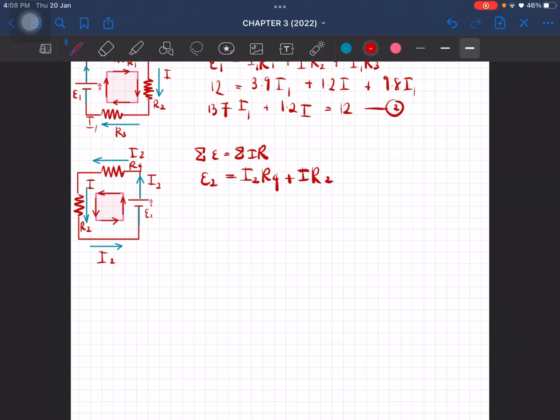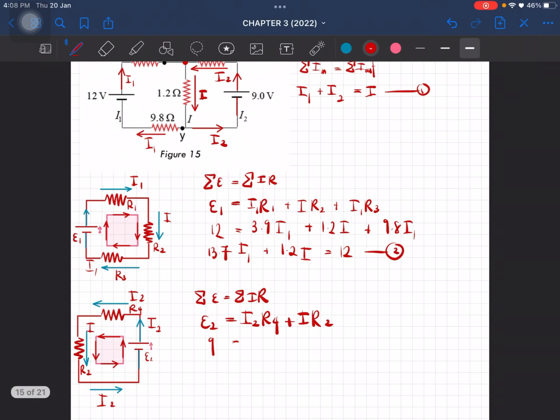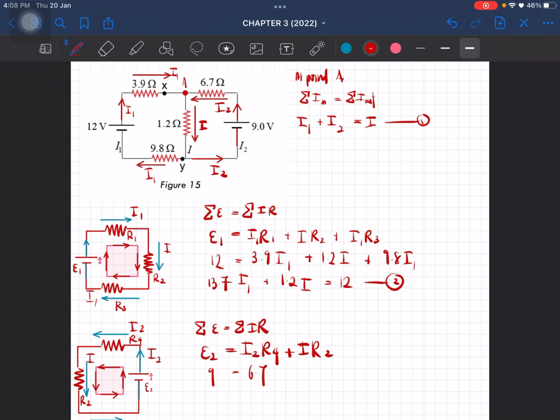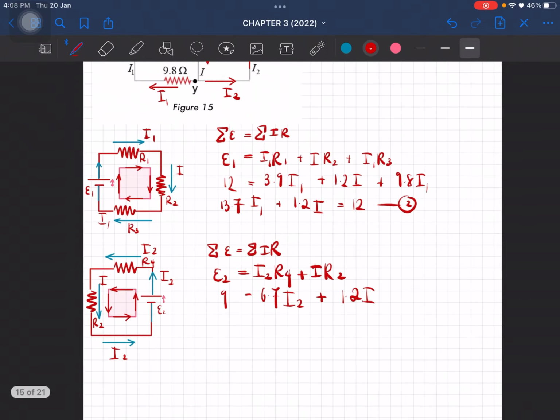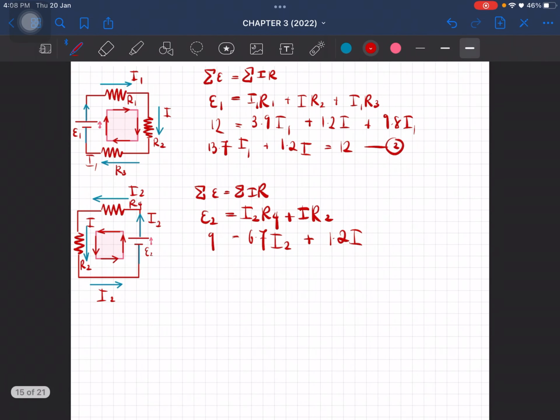Okay, and then let's substitute the values. 9 equals 6.7 I2 plus 1.2 I. I2 is not given, sorry. Okay, so that is your third equation.